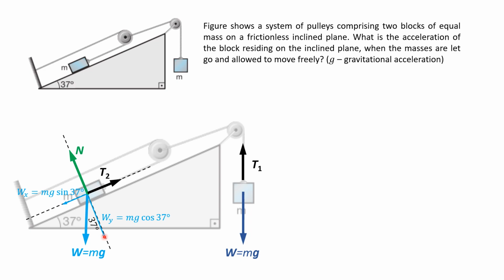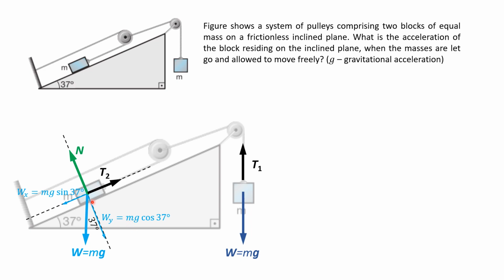Sine of an angle, in this case sine of 37, is defined as the opposite side of a right triangle divided by its hypotenuse. So the opposite side would be x component of the weight divided by actual weight, mg. So sine 37 equals wx divided by mg, or wx equals mg times sine 37.